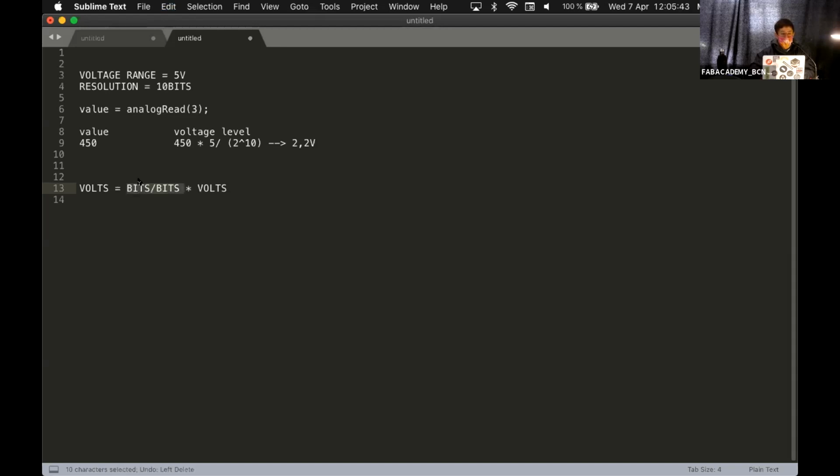So my thinking is: this is 450 bits, the resolution is 1024 bits, so this basically is just a number, and I have 5 volts. So at the end of the day, I have volts. Just for you to see if it's multiplying or dividing. The value 450 is in bits.